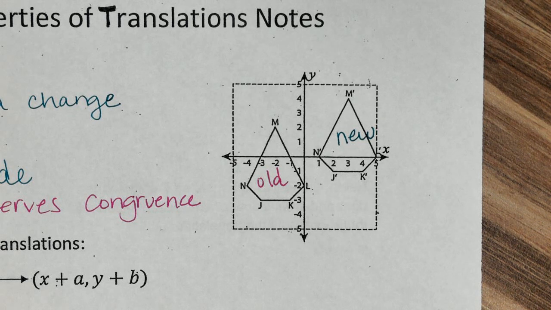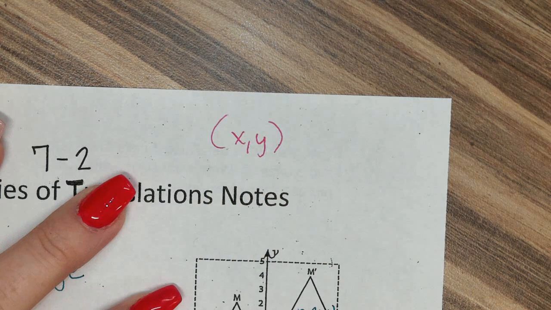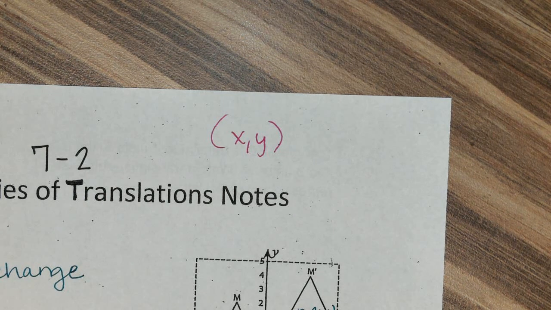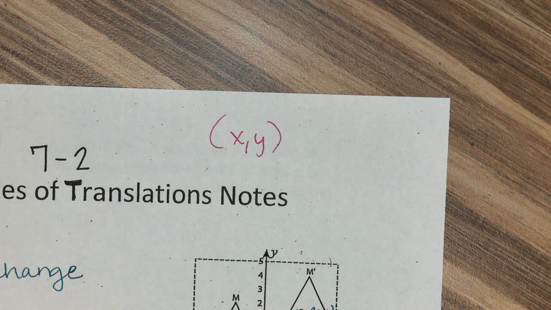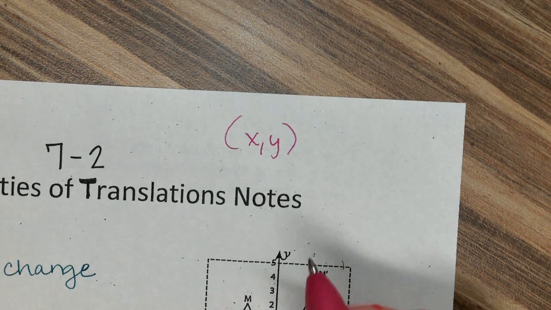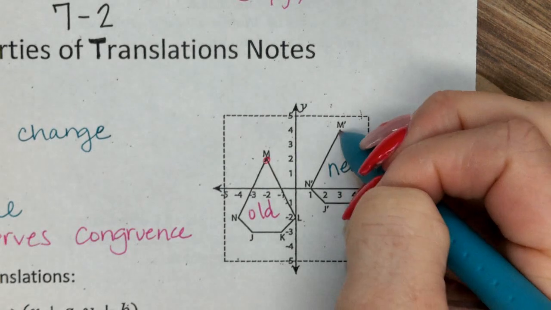Okay. Now, y'all all know that a coordinate is written like this. Yes? A coordinate is just a point on a graph where the point meets these 2 numbers. So what you're going to learn today is how did they get from this M to this M?